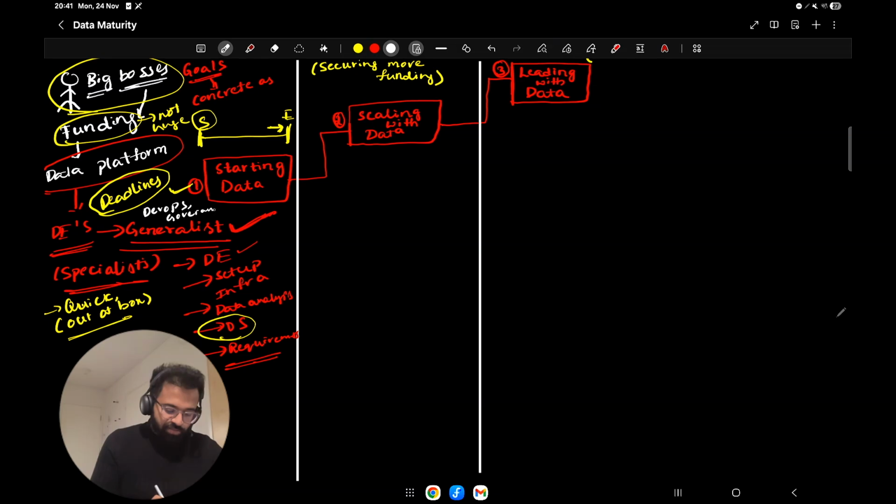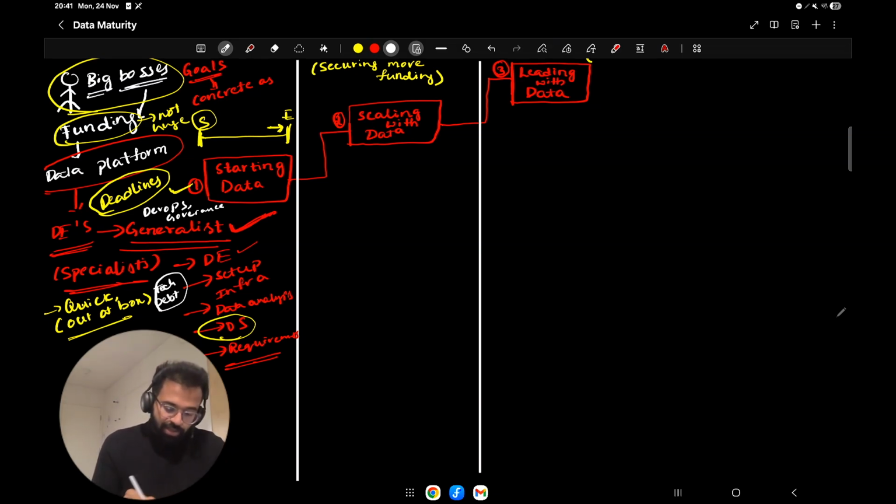Since these are quick wins using out of the box solutions, they will create some kind of tech debt. You have to make a plan to deal with this later, otherwise your platform will be at stake. So that's one most important thing to keep in mind.